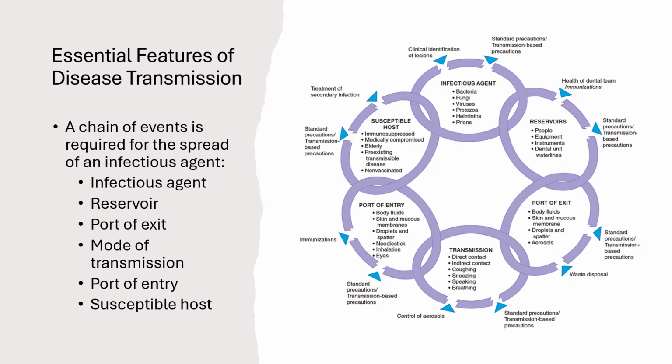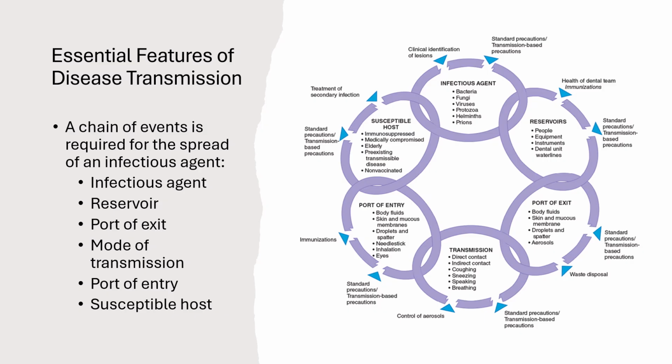So we need to understand the chain of events that is required for the spread of an infectious agent. The chain of events requires the infectious agent, the reservoir, the port of exit, the mode of transmission, the port of entry, and the susceptible host. So let's start off with the infectious agent.